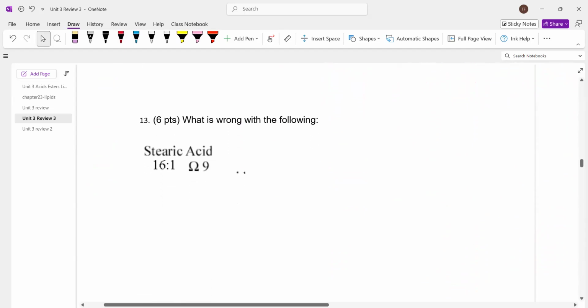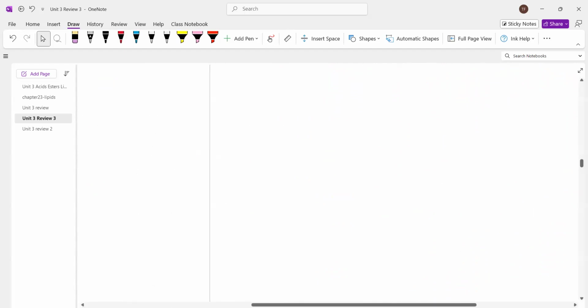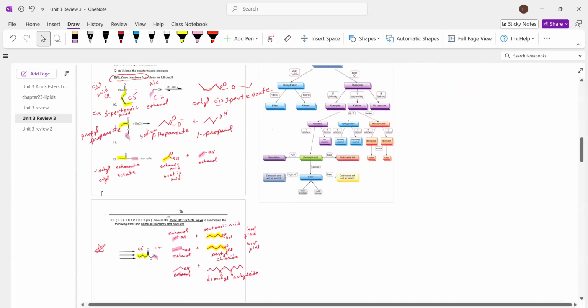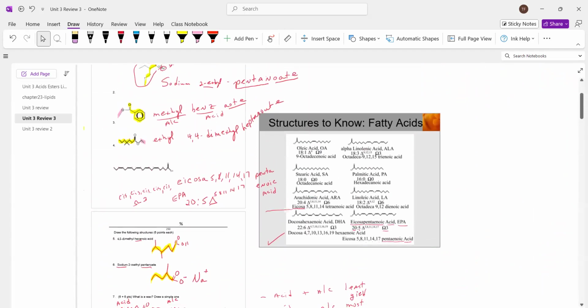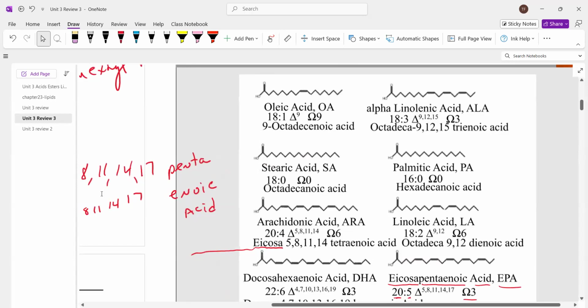Okay, so what's wrong with this? If you look on your chart over here, stearic acid is a totally saturated acid. It's particularly unhealthy.